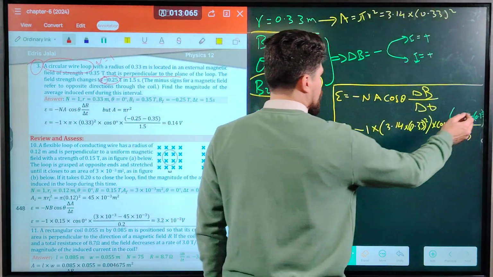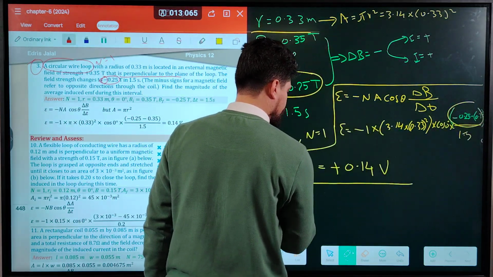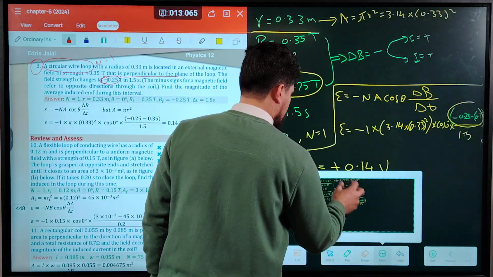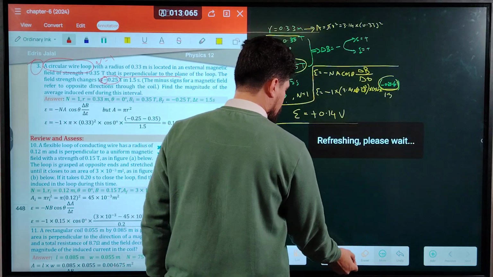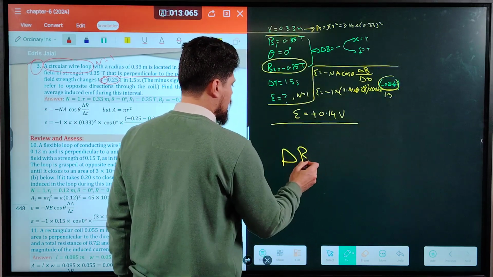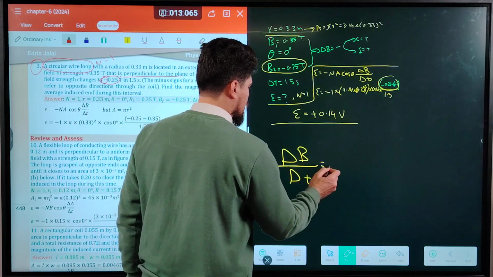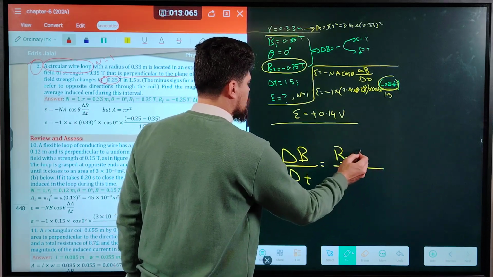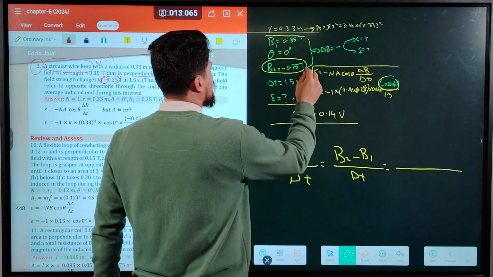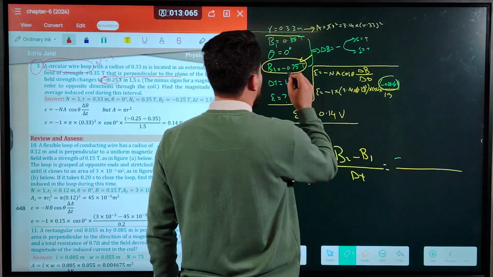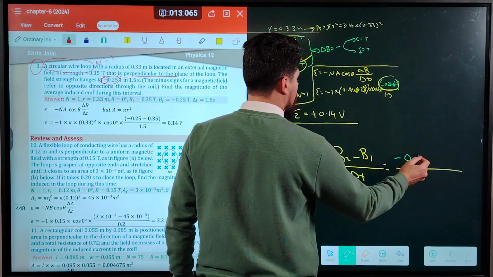Okay, guys, be careful. For delta B in this question, delta B over delta T is equal to what? B2 minus B1 over time. Do we have B2? Yes. Negative. Don't forget this negative, please.